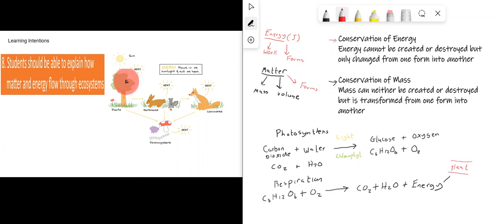So we get this movement of heat energy out of the bodies of all of the organisms that consume plants or other animals. We have the herbivores that eat plants, and then we have the carnivores that eat the herbivores. And when any of these, the plants or the herbivores or the carnivores, die, you have decomposers, for example bacteria, mushrooms and fungi, that get onto the dead body and start to break it down as well.